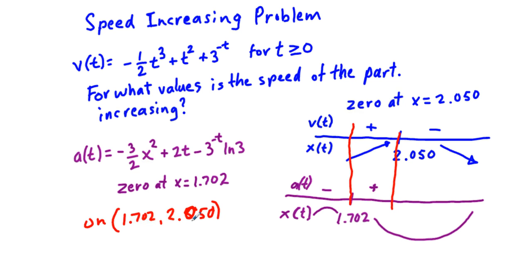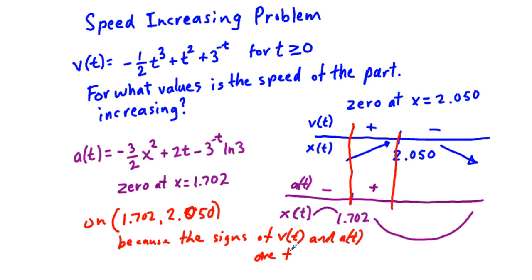And why? Because the signs of v of t and a of t are the same.